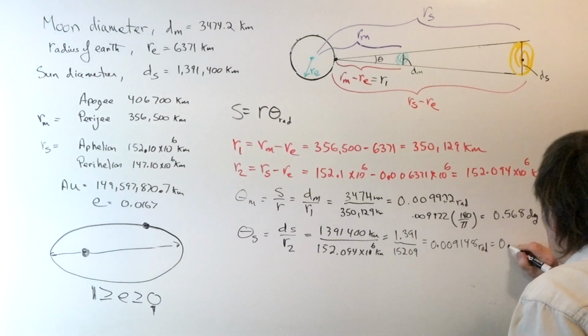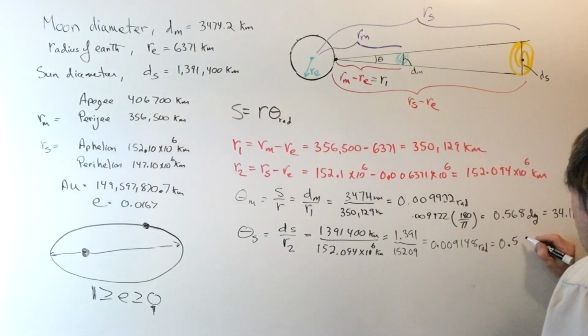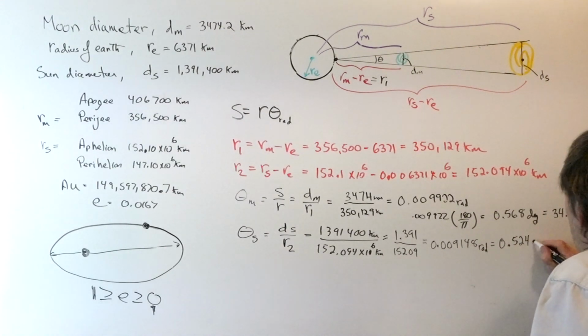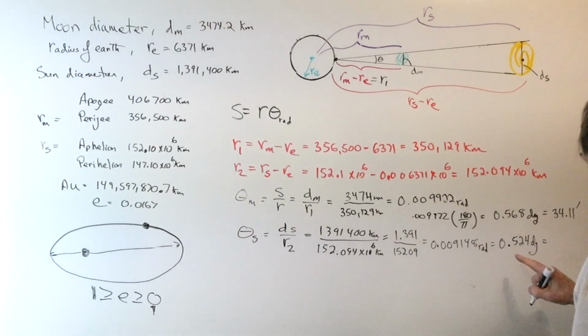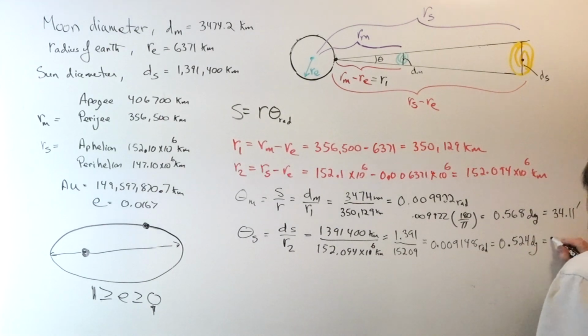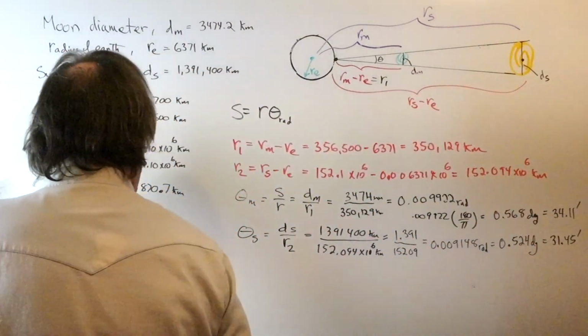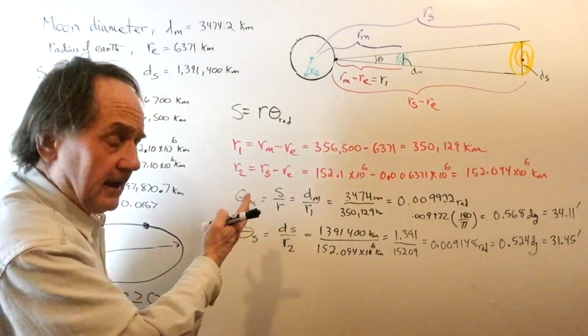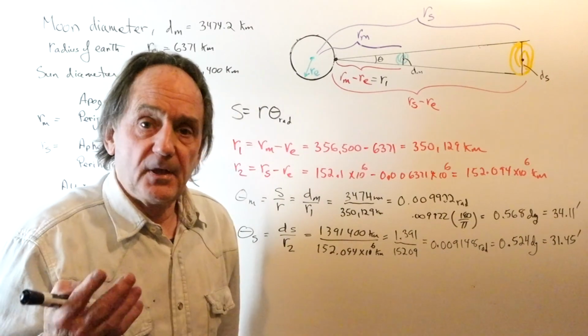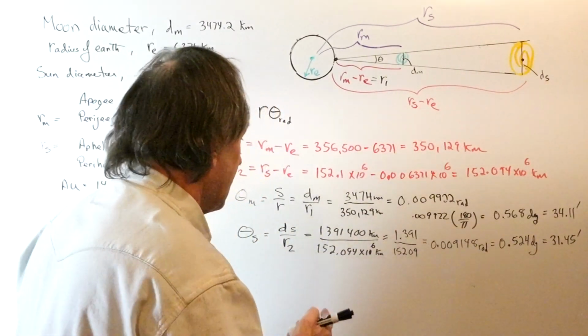So this becomes 0.524 degrees. And multiply by 60 to get minutes. So this is 31.45 minutes. That's why the moon and the sun appear to be the same size in the sky.